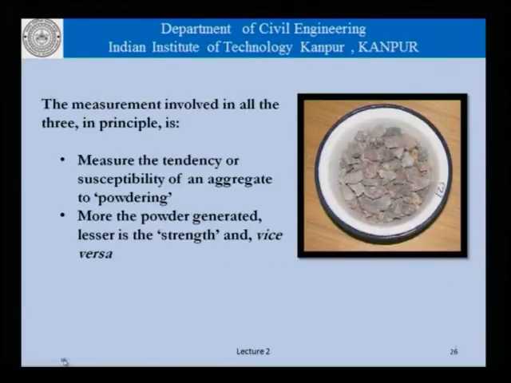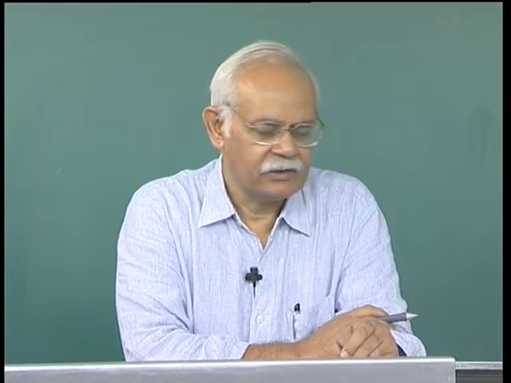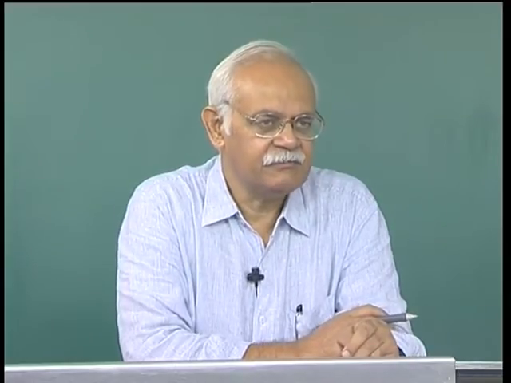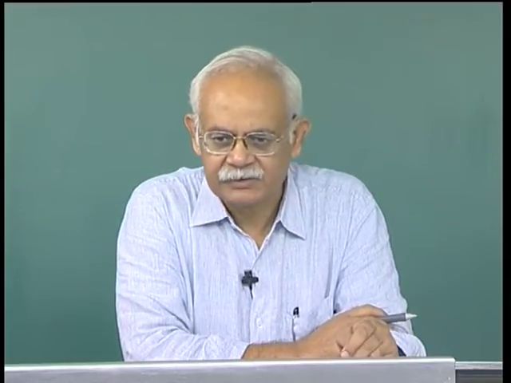In principle, the measurement in all the three cases involves the following. We just measure the tendency of an aggregate, or its susceptibility, to powdering, that is, how much powder gets generated. The more powder that is generated, the lesser is the strength, and vice versa. That is, if we take an aggregate, do something to it, and a lot of powder is generated, then we say that the aggregate is weaker.